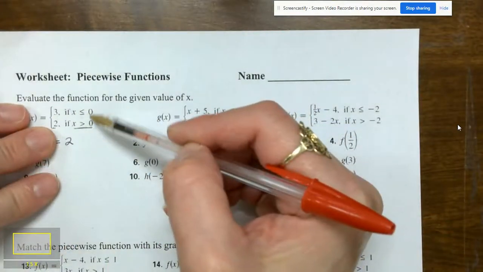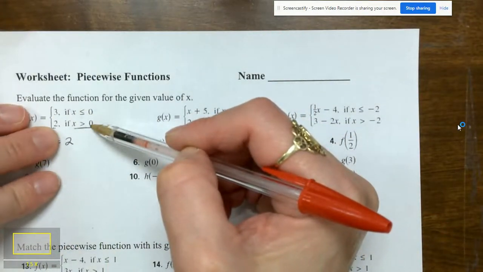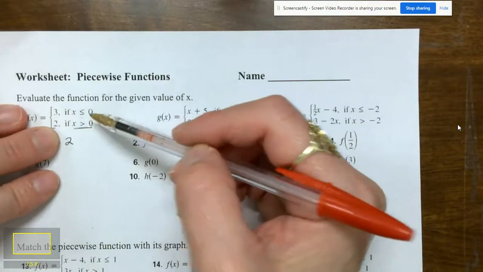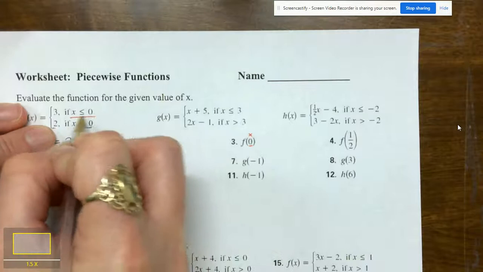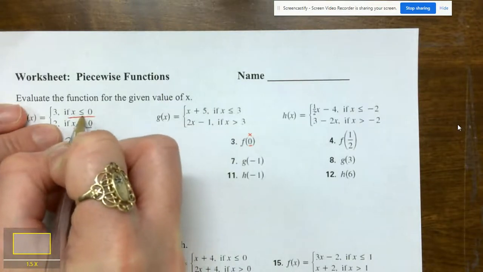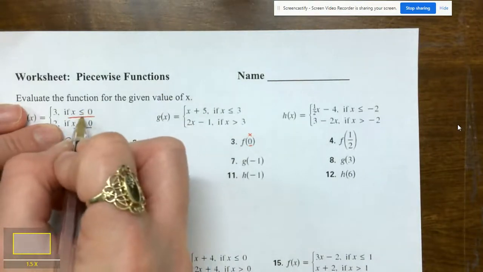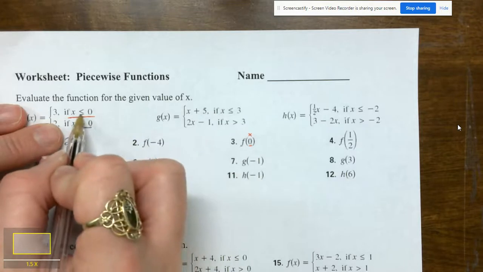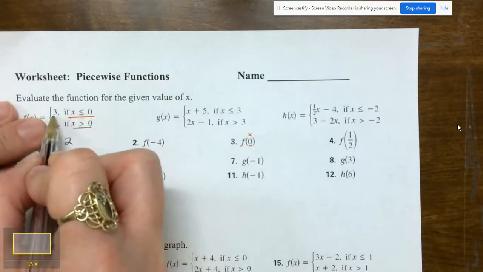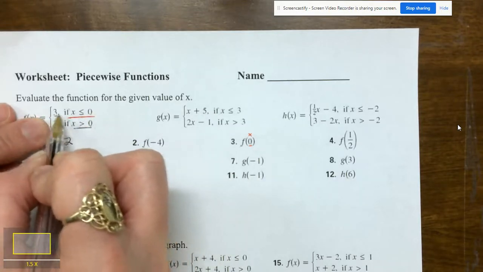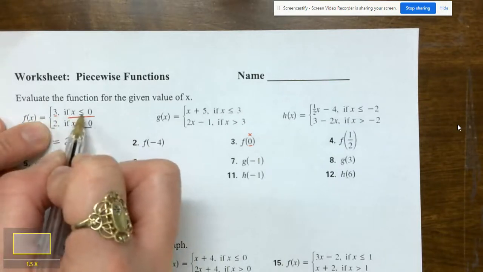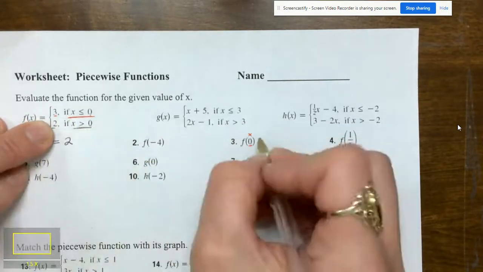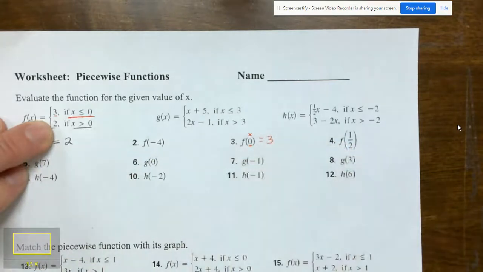Both of these have a 0, but which one includes the 0? This one just says greater than, but this one says less than or equal to. Since it includes the 0, I'm going to use this function up here. So f of x equals 3 if x is less than or equal to 0. My answer here is 3.